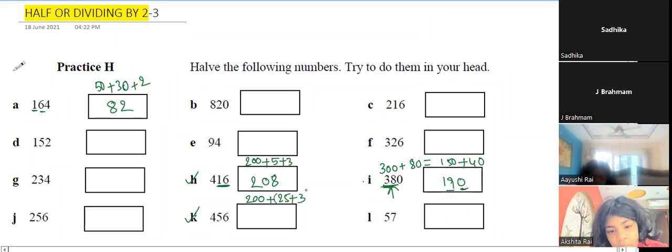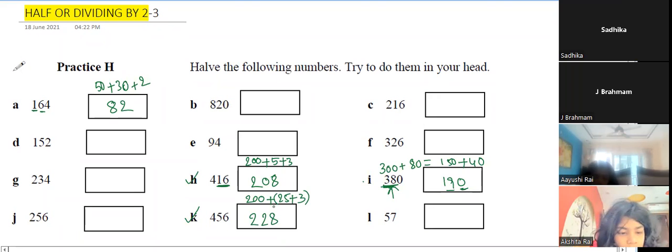So 200 plus 28 is 228. Correct. Why are you thinking so long for that?